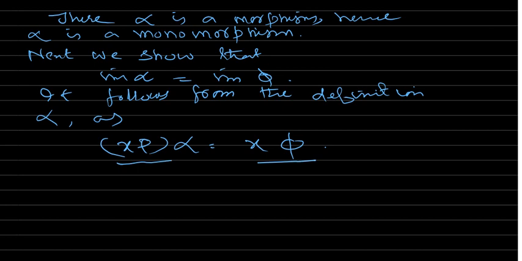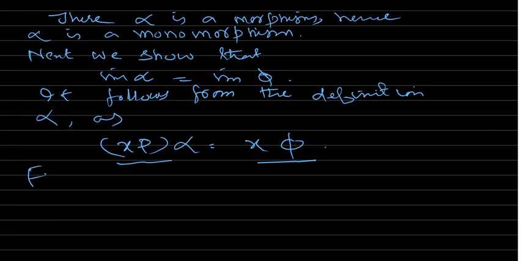If you choose any element in the image of phi, it is of the type x phi, which is equal to x rho alpha, so it is in the image of alpha. And if you choose any element in the image of alpha, it is of the form x rho alpha, which is equal to x phi, so that element belongs to the image of phi. So it follows from the definition.